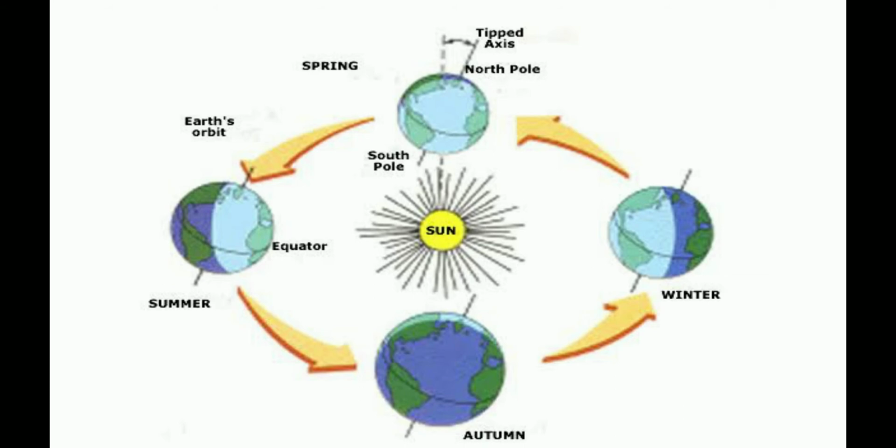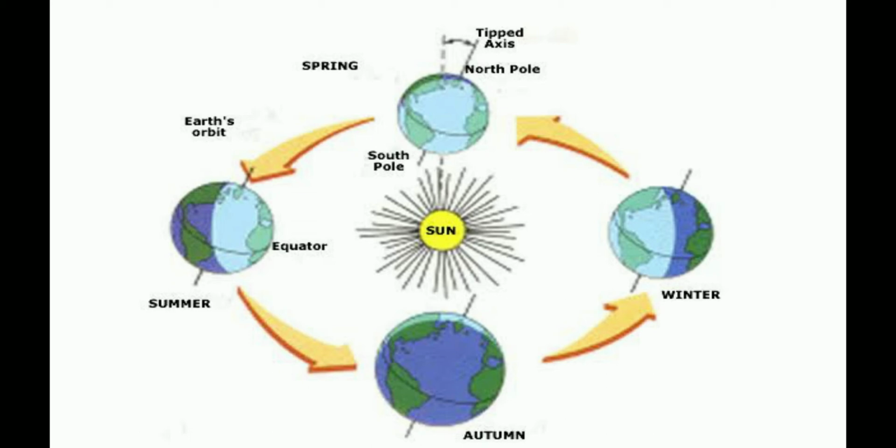As the earth travels around the sun on its imaginary path, the side leaning towards it keeps changing. That is, when the northern hemisphere, meaning the northern area, leans towards the sun, it receives more light and heat, making it warmer.